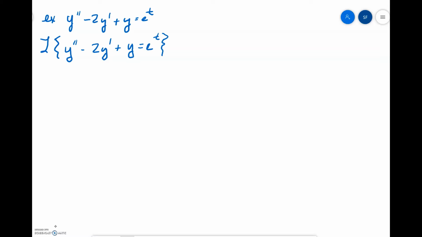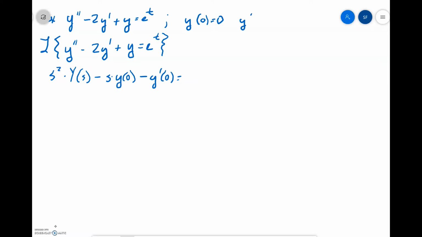Our keys tell us that our first one is s squared times Y of s minus s times one of my initial conditions. Oh, I need my initial conditions, don't I? Let's see what our initial conditions are. Initial conditions are y of 0 is 0 and y prime of 0 is 5.